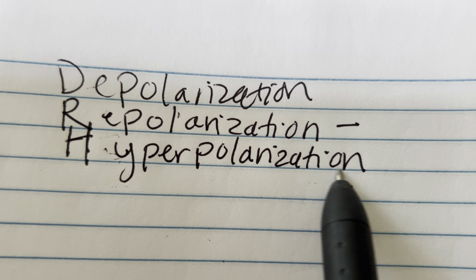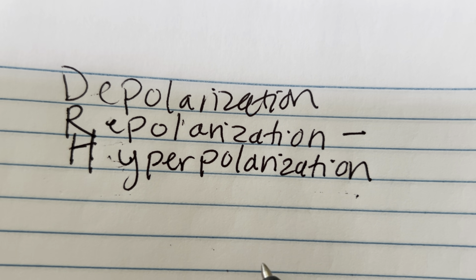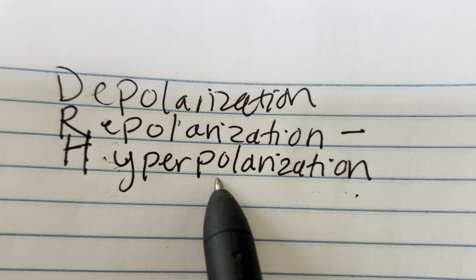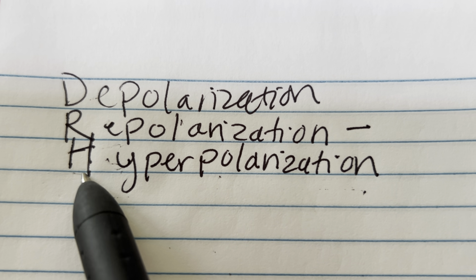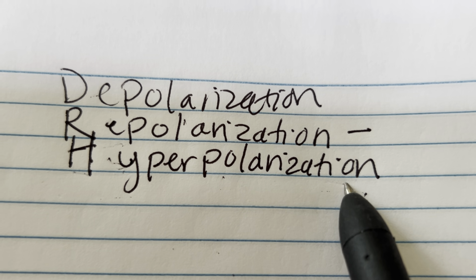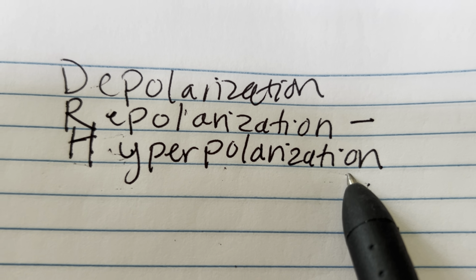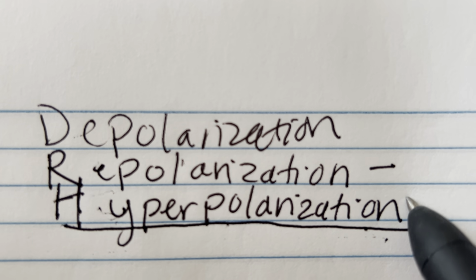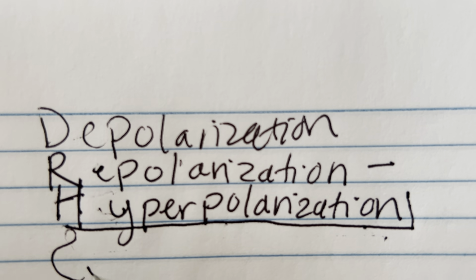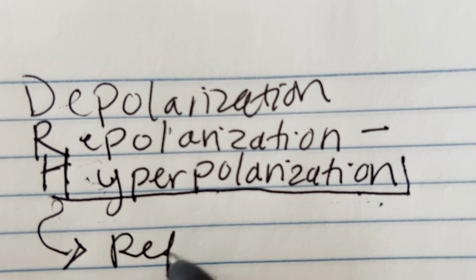And this hyperpolarization happens so that we don't go backwards. So now more excitatory impulses are needed to fire another action potential. This period of hyperpolarization is often referred to as the refractory period.